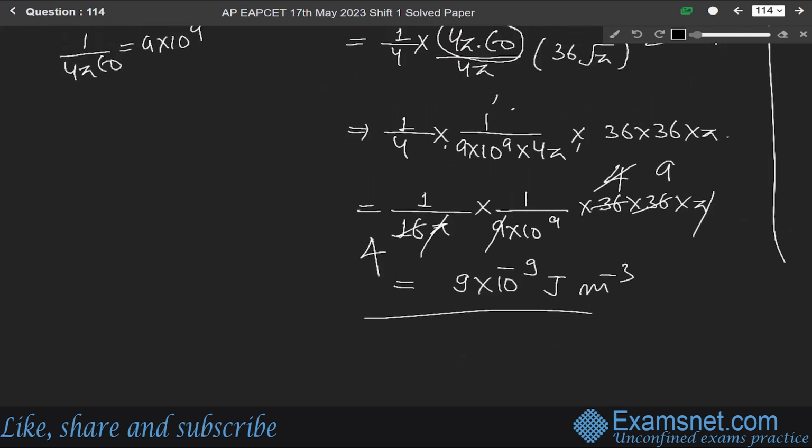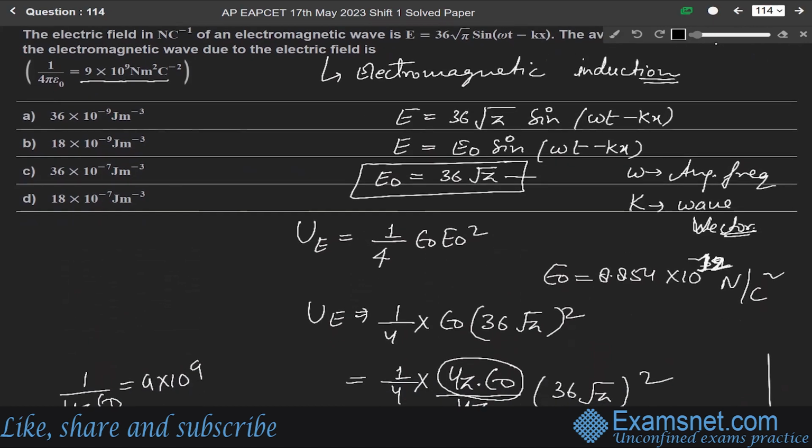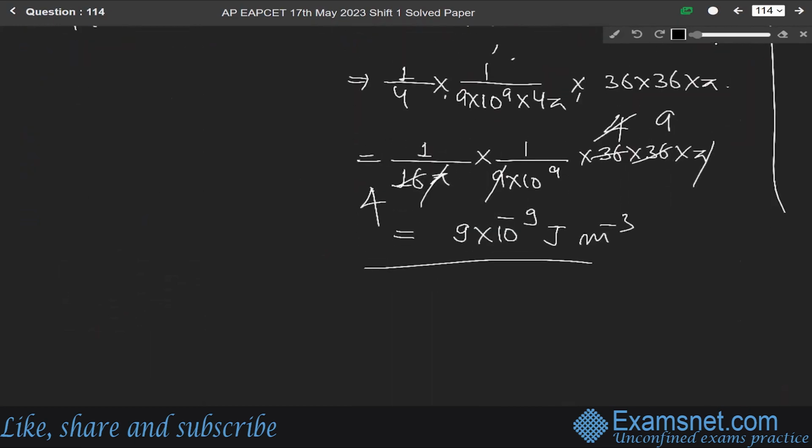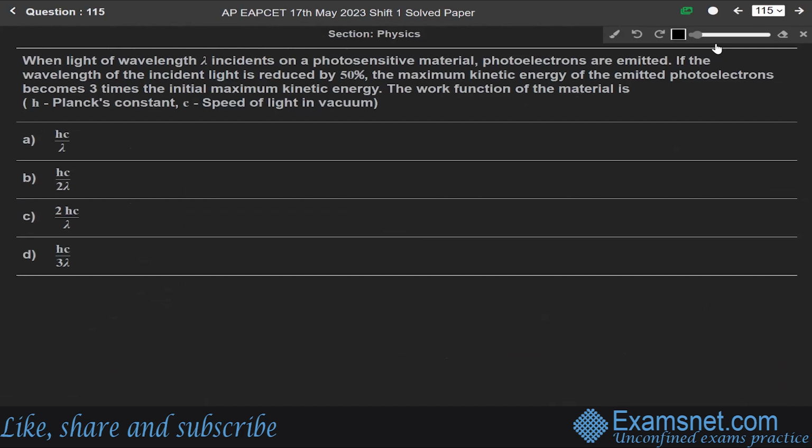So the average energy density comes out to be 9 into 10 to the power minus 9 joule per meter cube. Among these four, none of the answers matches. Maybe the options are incorrect, but the correct answer is 9 into 10 to the power minus 9 joule per meter cube. Now next question 115.